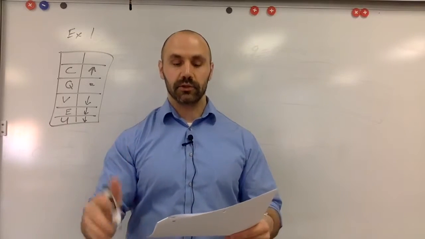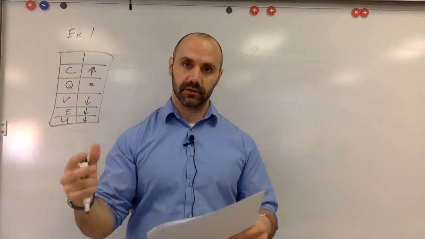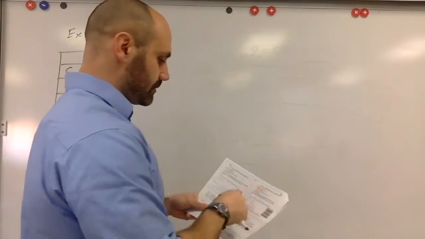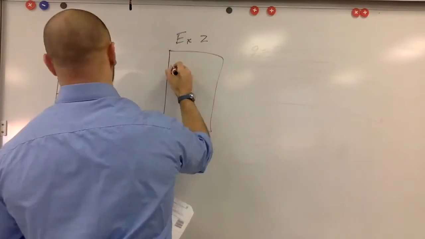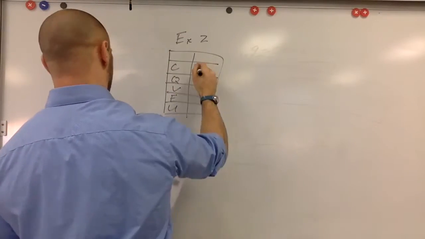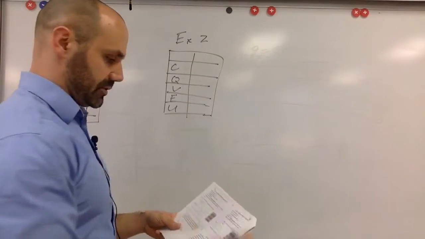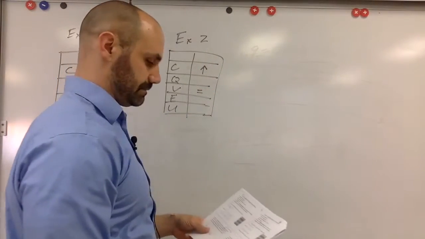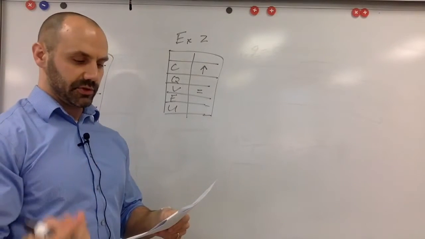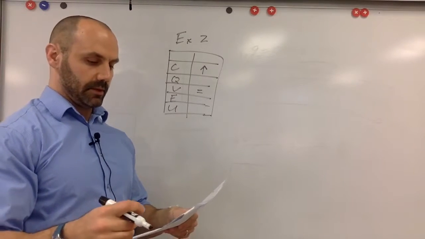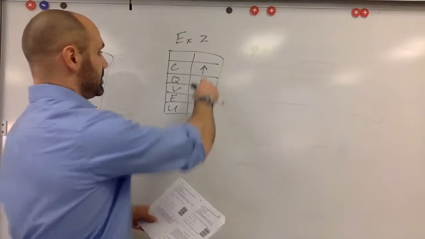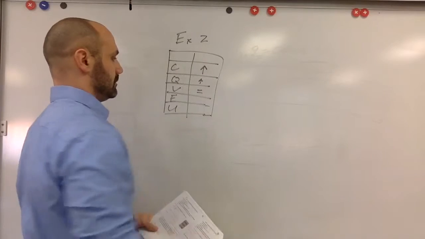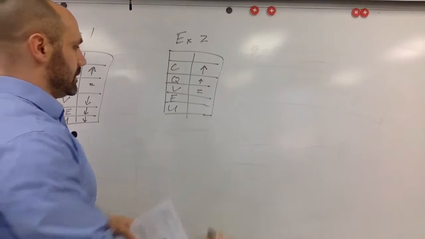But example 2, here it's going to remain connected. It's remaining connected, so the thing that's remaining the same is the voltage. The battery is going to maintain the potential difference in the circuit. And so in this case, since we insert the dielectric, the capacitance goes up, but the voltage remains the same. Right, Q equals CV. That means that if C goes up, but V remains the same, then Q is also going to go up.